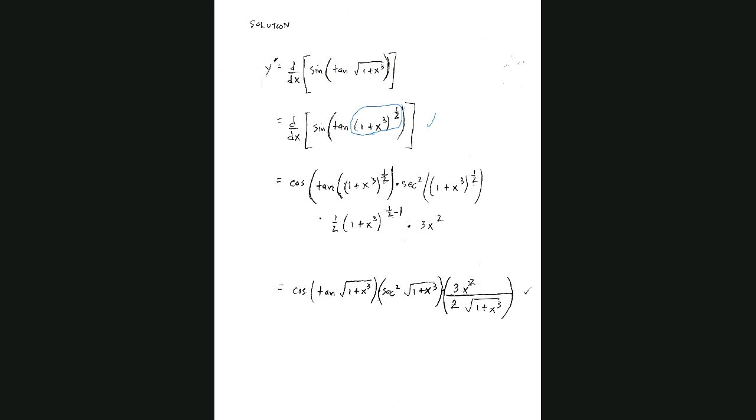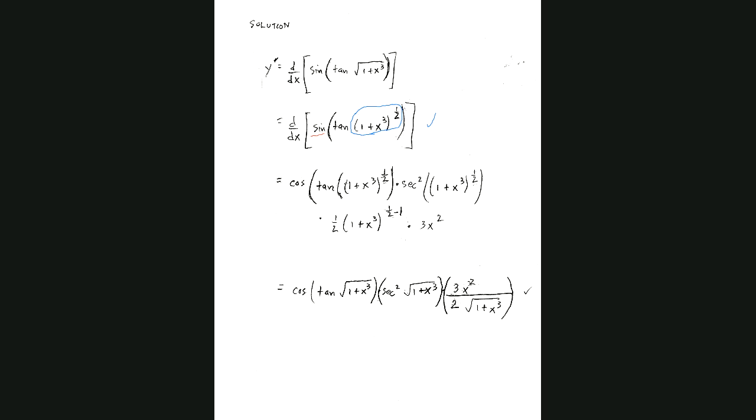Now we're ready to work it out. I'm just going to show you the answer here. And of course, for your next exam, this is the kind of thing I want to see. In terms of your work, this is what I'd like to see.